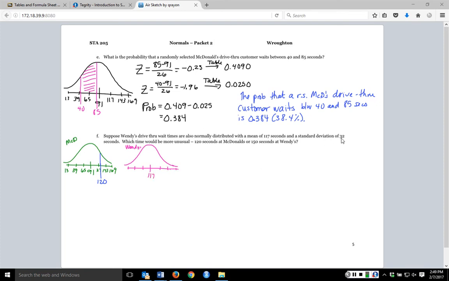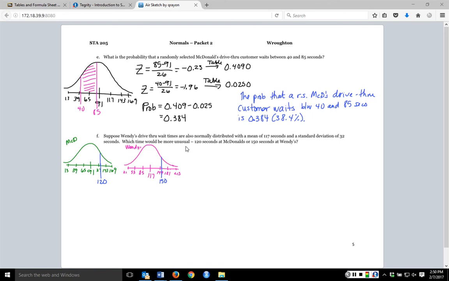And I've got to use this 32 as I'm going out in my increments here. And their wait time was 150 seconds. Alright, so they're both just a little bit more than one standard deviation above.